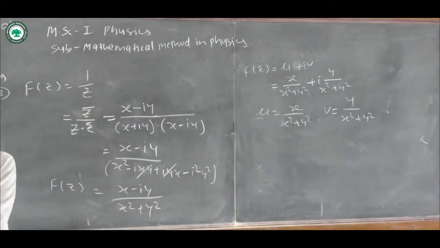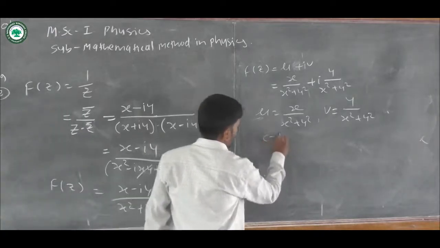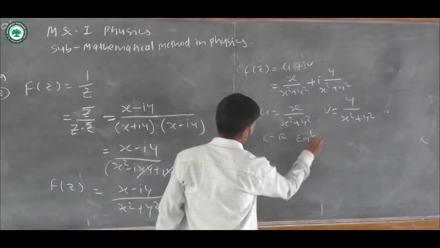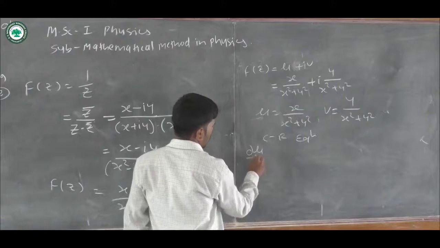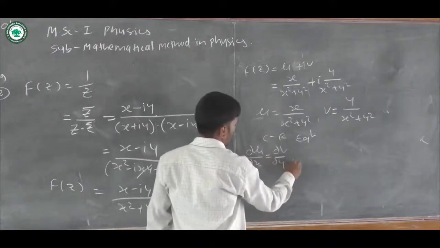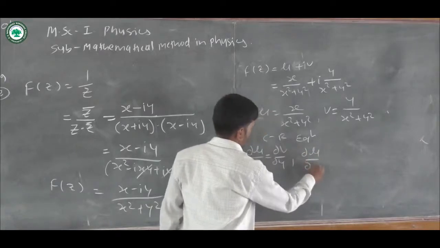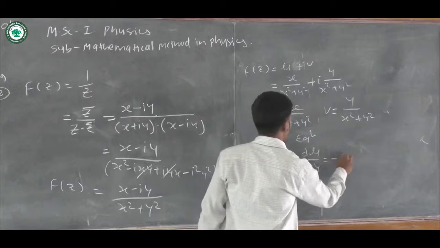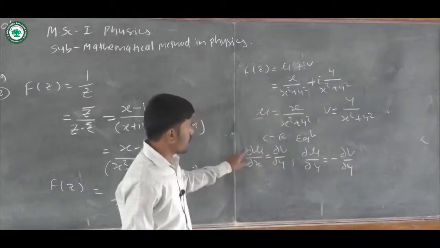So now by the CR equation, what is the condition for the CR equation? du by dx is equal to dv by dy, and du by dy is equal to minus dv by dx. Okay, these are the two conditions.